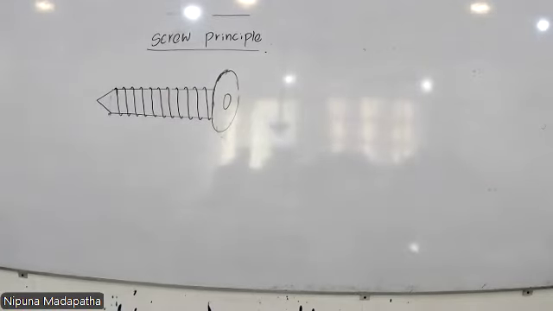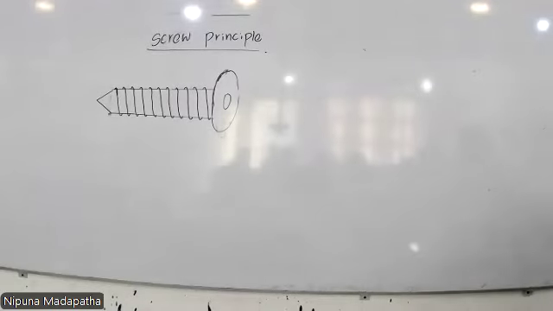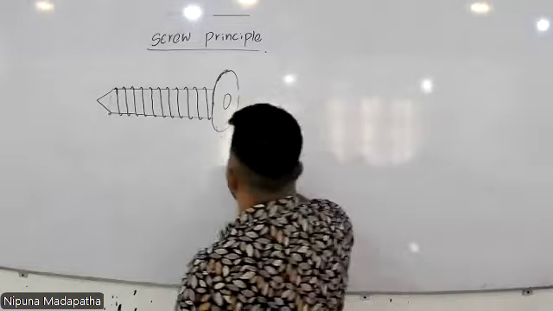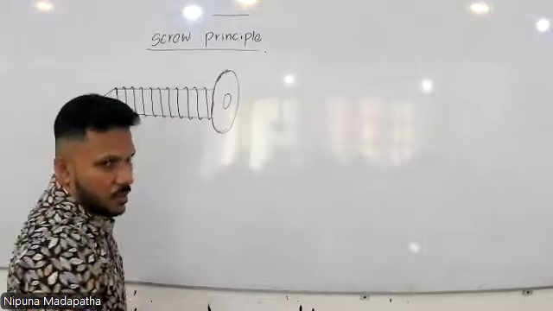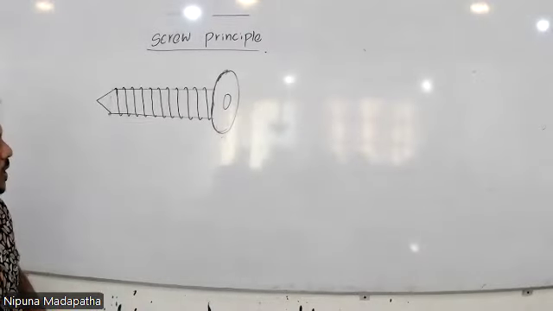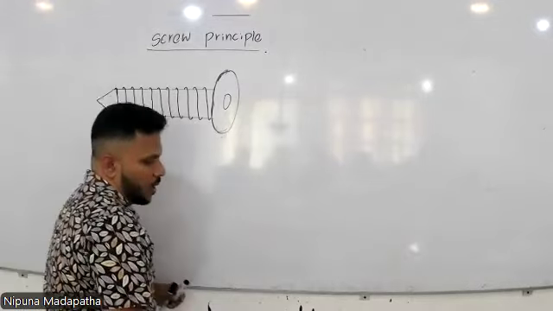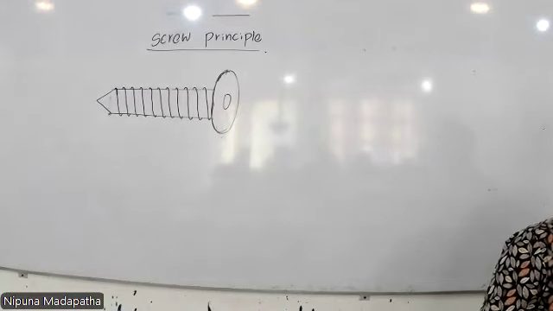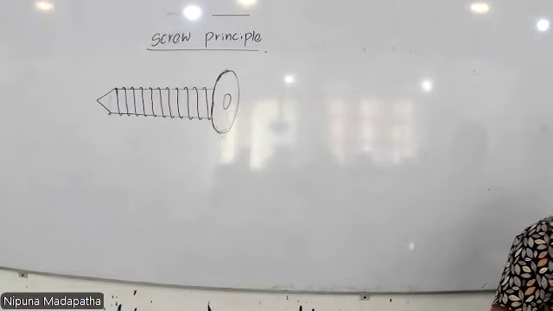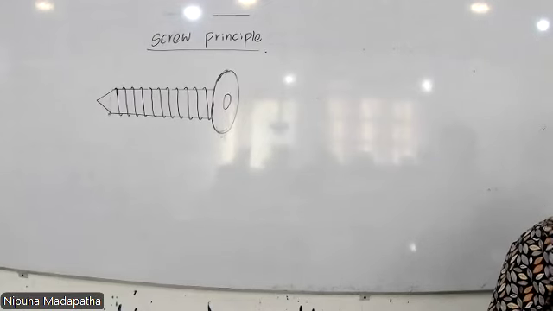So I would like to ask this question of the boys and the girls. Normally, when you rotate the screw in order to advance it forward, which way do you need to rotate it, clockwise or anti-clockwise?